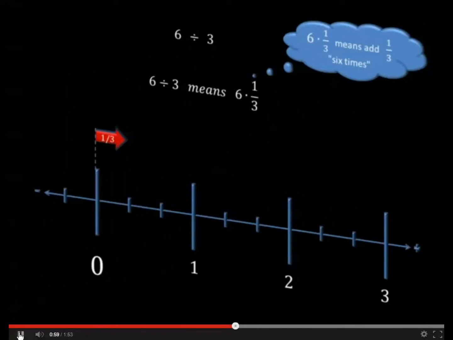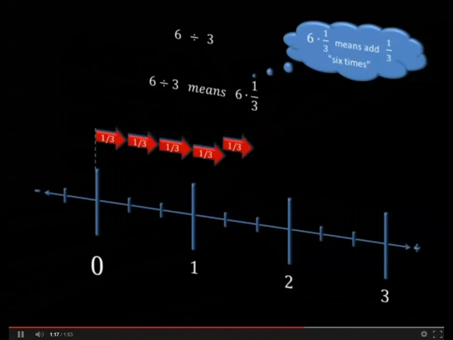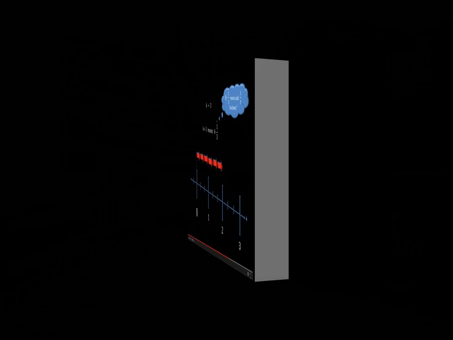We need to add 6 of these arrows because we want to represent 6 times 1/3. So we have 1/3, a second 1/3, a third 1/3, a fourth 1/3, a fifth 1/3, and a sixth 1/3.